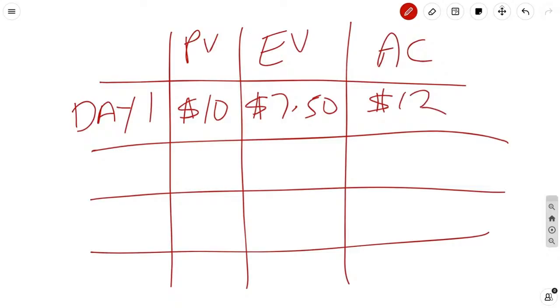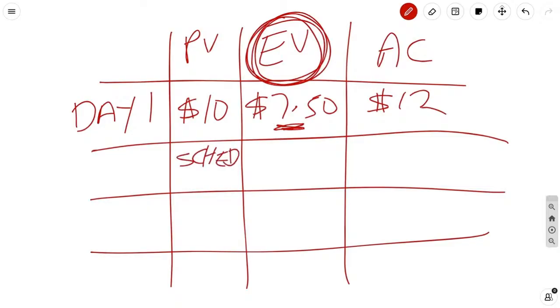So if you compare, this is always going to be in the center. Earned value is the center of discussion. And if earned value is lower than any of the others, planned value is from a schedule perspective. All right? You can also look at it from a scope perspective.